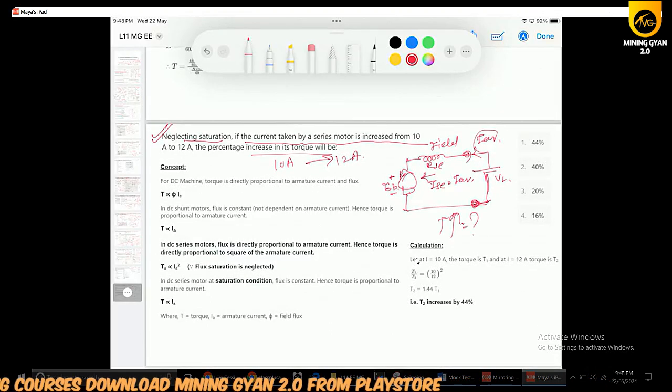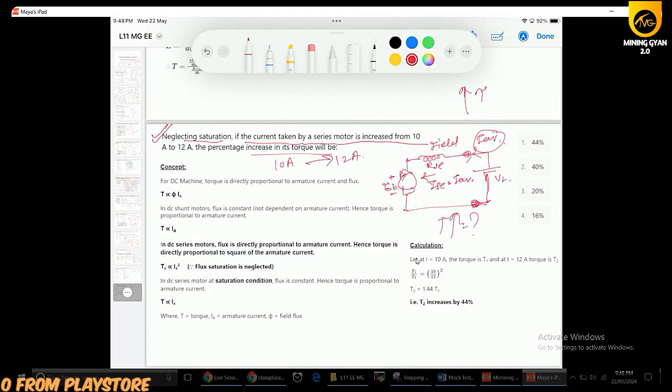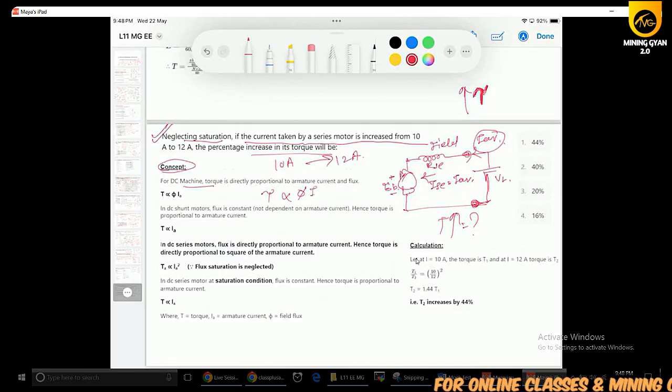Obviously, if it is taking more current, then there will be more opposition, and more opposition means more developed mechanical power, and more mechanical power means more torque or mechanical force. So there is the concept for a DC machine: torque is directly proportional to flux per pole phi and Ia, that is the armature current, right?